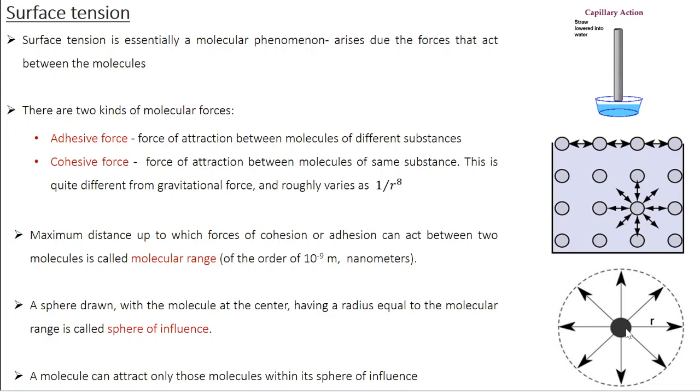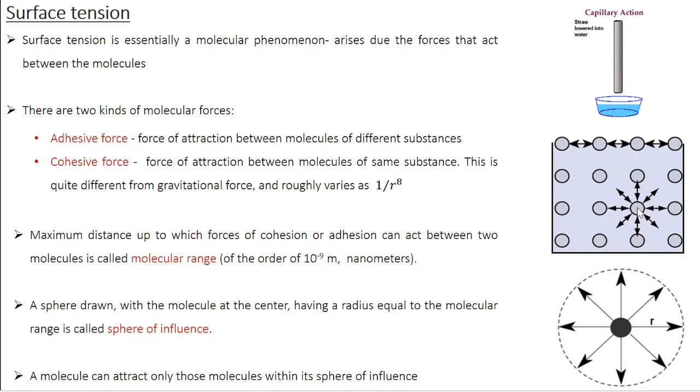Now, if you take a molecule and draw a sphere around it with a radius equal to the molecular range, this sphere is known as sphere of influence. So expectedly, a molecule can attract only those molecules within its sphere of influence.